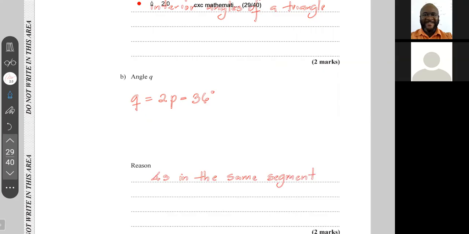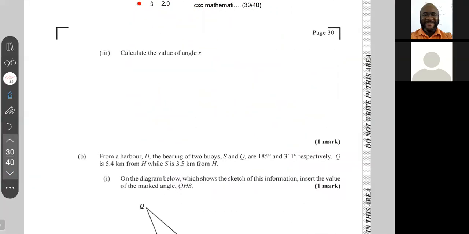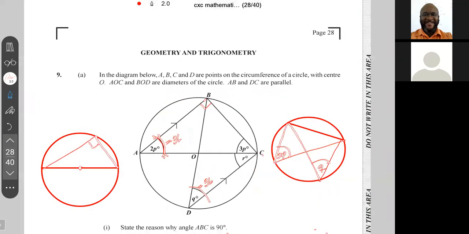All right. Next, lastly, we're asked to calculate the value of the angle R. What's the easiest approach I can think to take for this? Tell me if you agree with me that the angle at C is an angle in a semicircle.